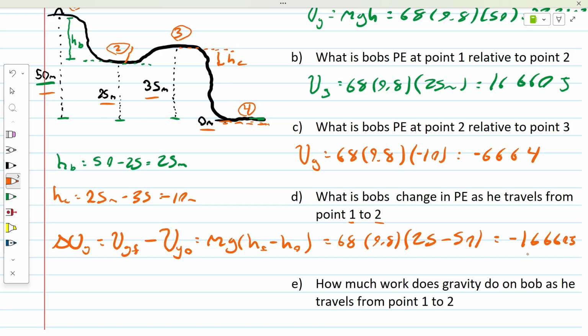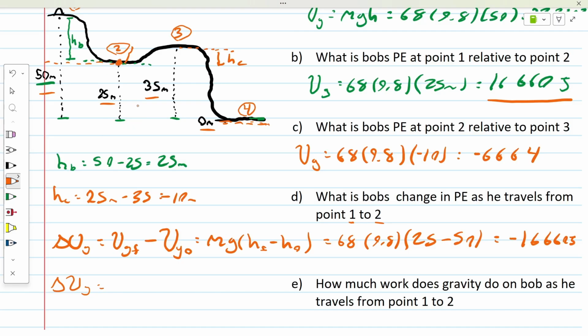So even if we were to choose, for example, point 2 as the reference, we want to use this height again. We already know Bob's potential energy at point 1 relative to point 2, which is this energy right here. Now, if we want the change in potential energy using point 2, we know the final is going to be 0 because we set the reference at point 2.